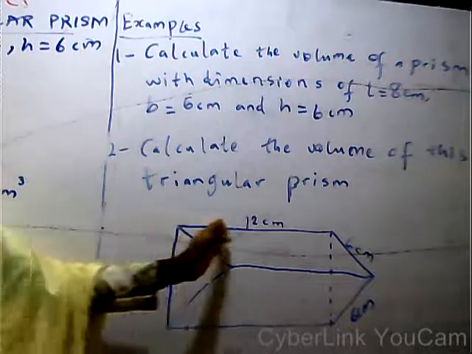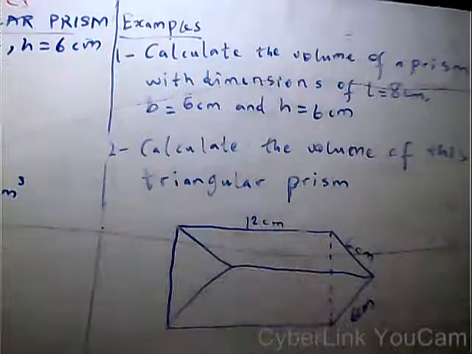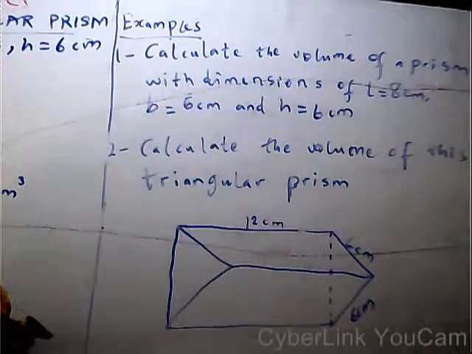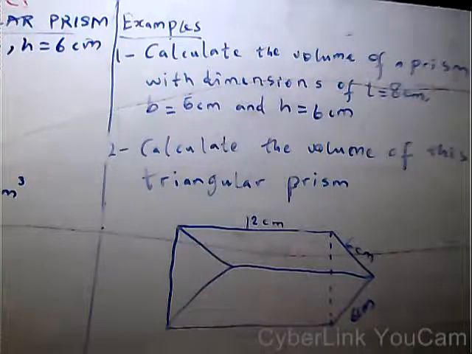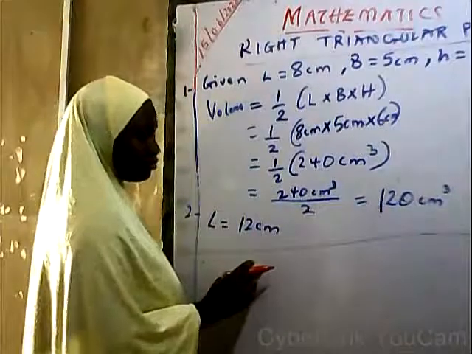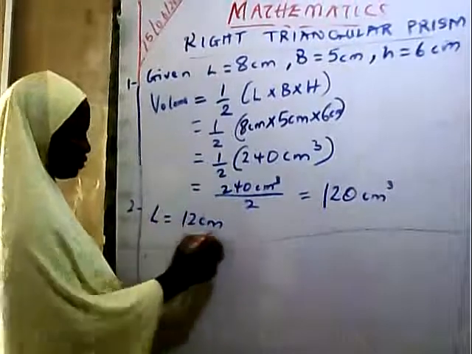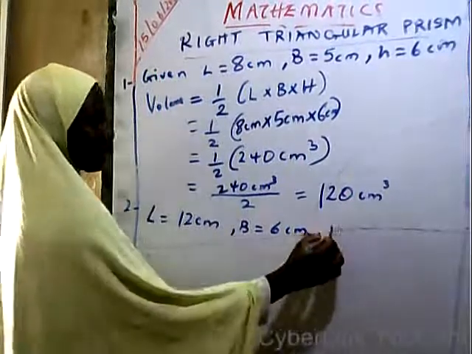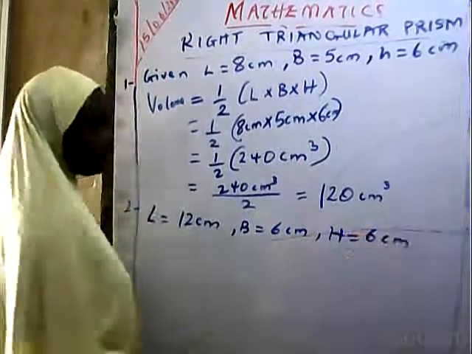You can see that our length is 12 centimeters, our breadth or base is 6 centimeters, and our height is 6 centimeters. Now, what you have to do is just input our data. We are given our length to be 12 centimeters according to the diagram, our breadth to be 6 centimeters, and our height to be 6 centimeters.